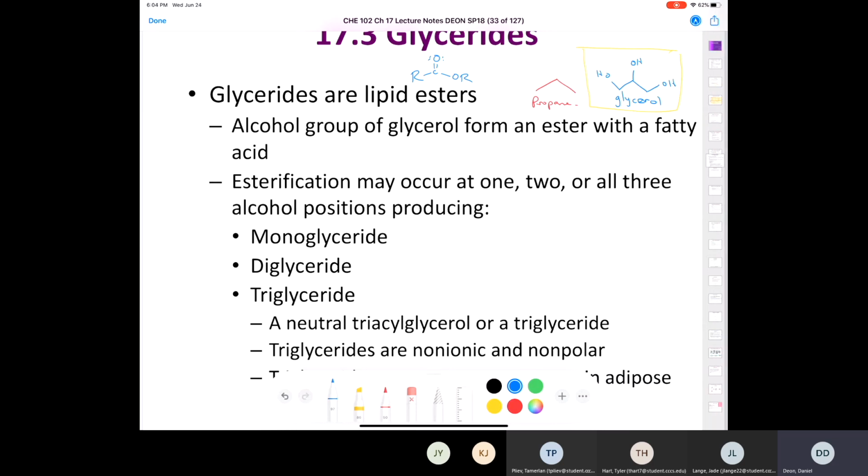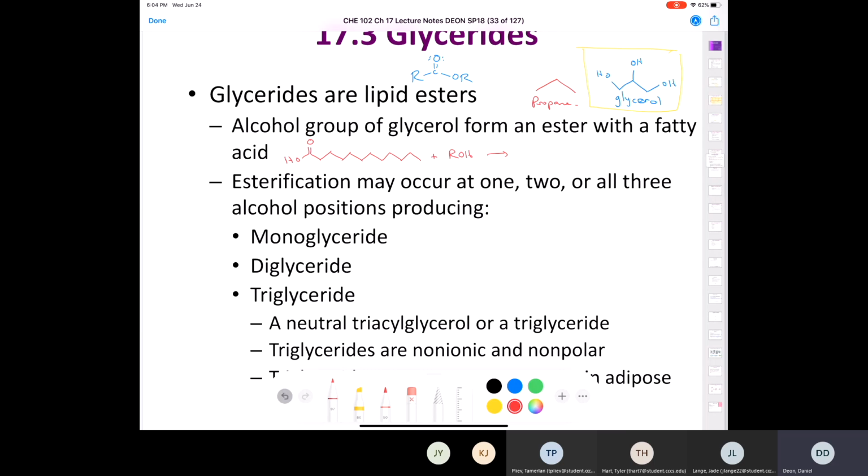It says here that an alcohol group from glycerol will form an ester with a fatty acid. So essentially what we're going to do is take a fatty acid, some kind of long chain fatty acid like this, and combine it with an alcohol. I'll just put ROH, and then we're going to produce an ester, right?